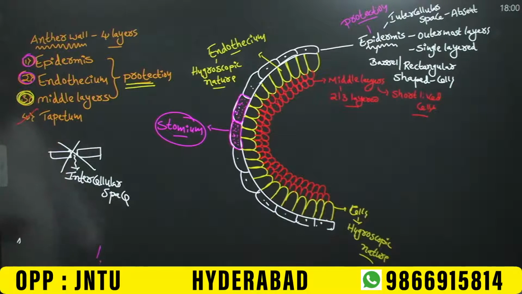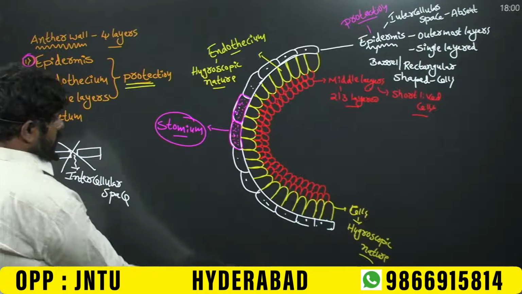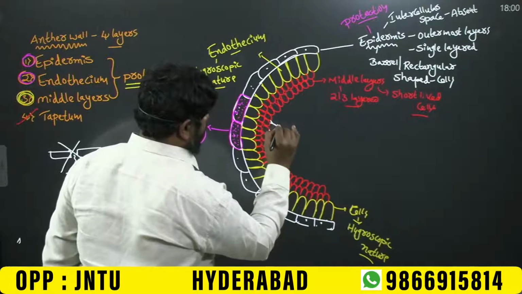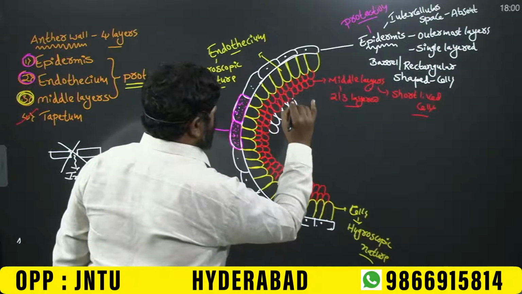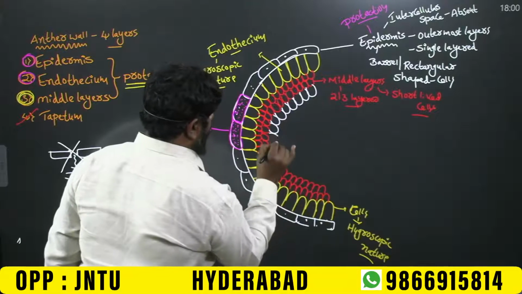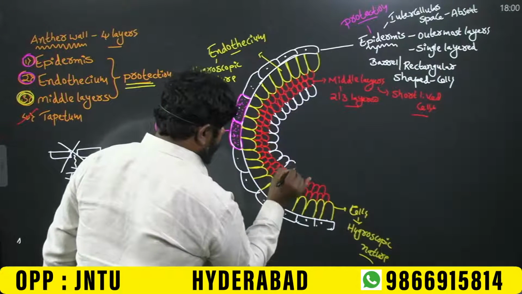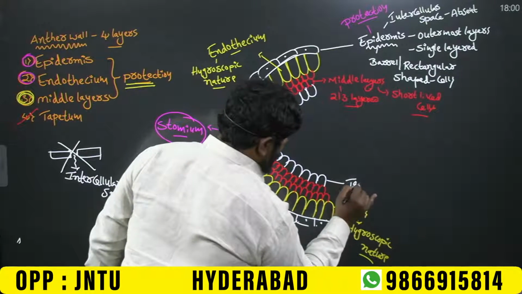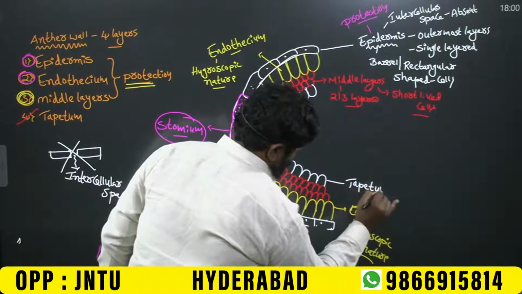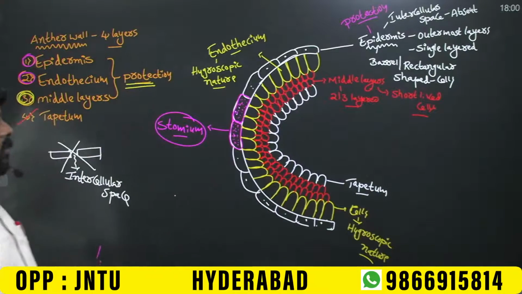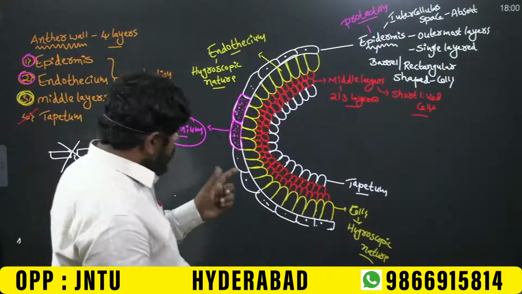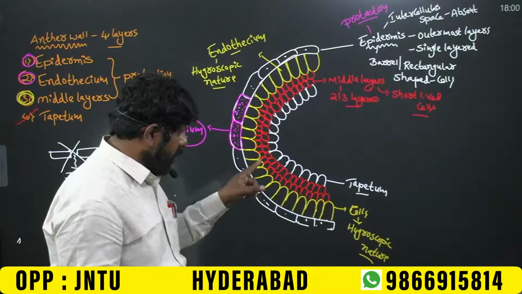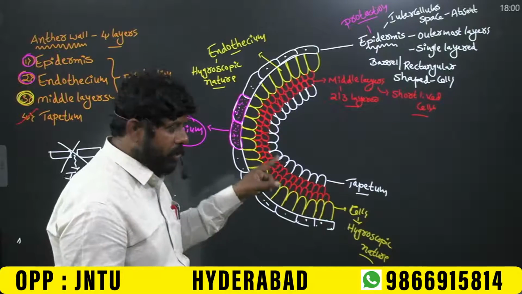And the last one is the tapetum, the most important point. See, this is the tapetum, the innermost layer of the anther wall. Listen: epidermis, endothecium, middle layers, tapetum.